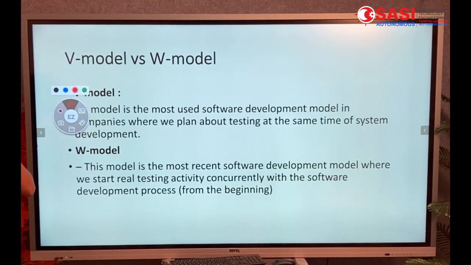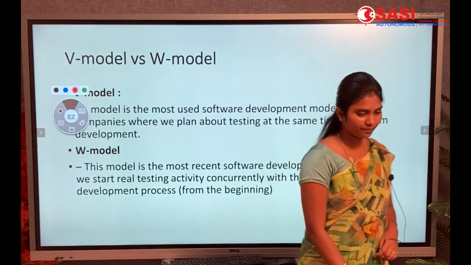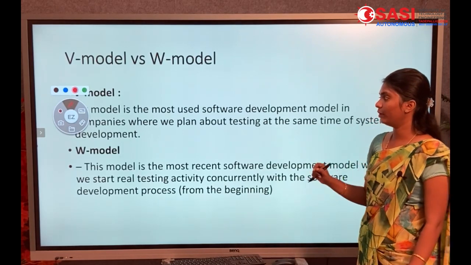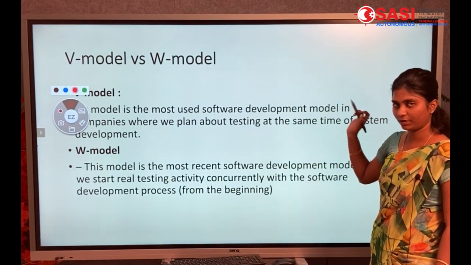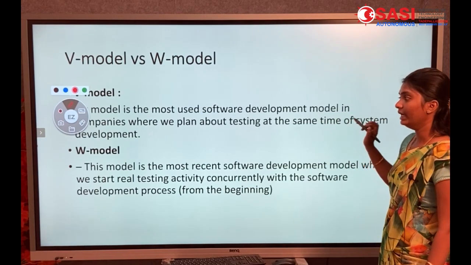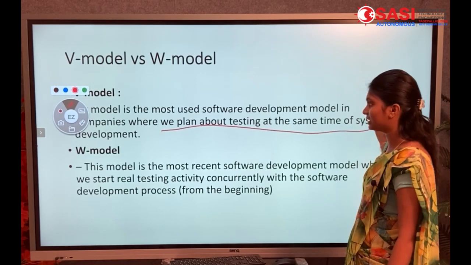Now we will learn about the V model and W model. What is the difference between the V model and W model? The V model is also a software development life cycle model, but here we can plan all the testing phases at the same time.